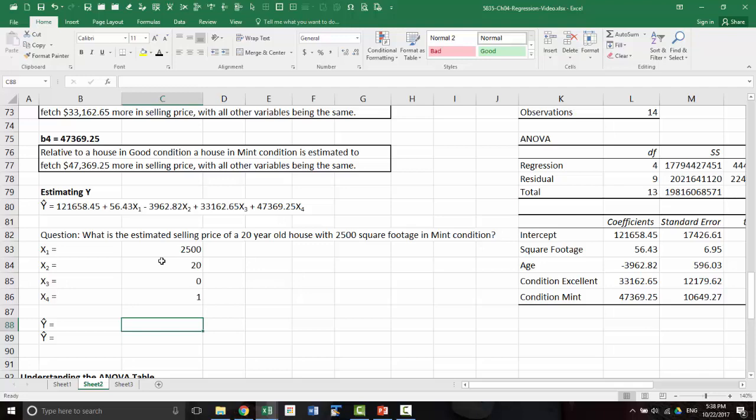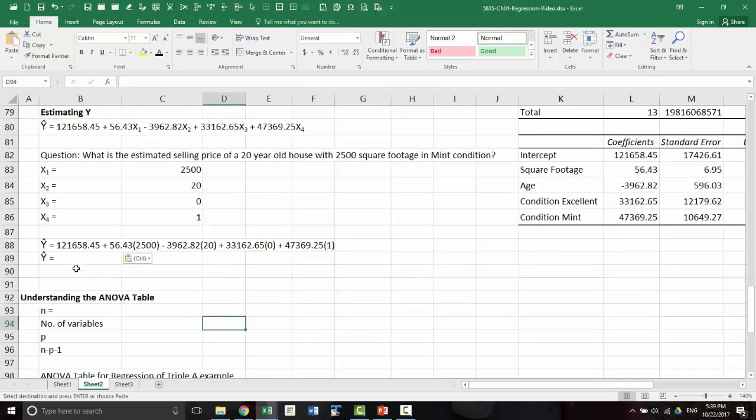Then our y hat will be the intercept plus x sub 1, for which you put 2,500, x sub 2 you put 20, x sub 3 is 0, x sub 4 is 1.